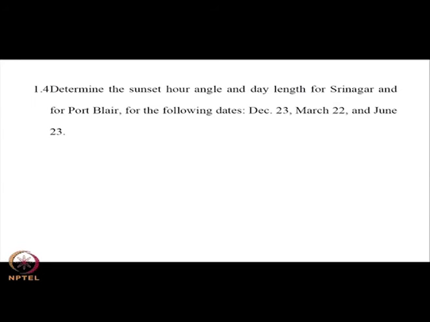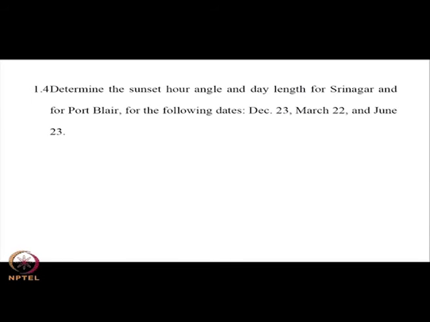Srinagar has reasonably, if not the highest, high latitude within India, and Port Blair if not the lowest, but low latitude, and December, March and June they represent the maximum negative and maximum positive declinations, along with March being a 0 declination.